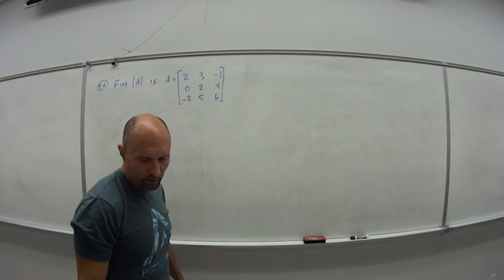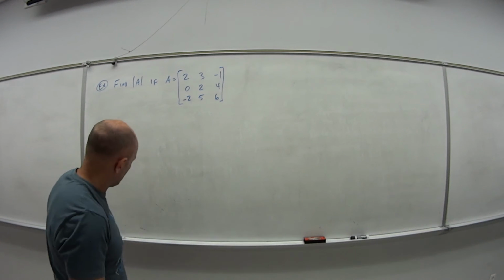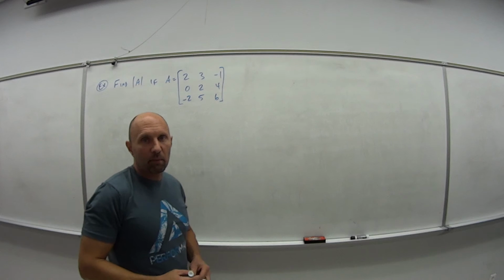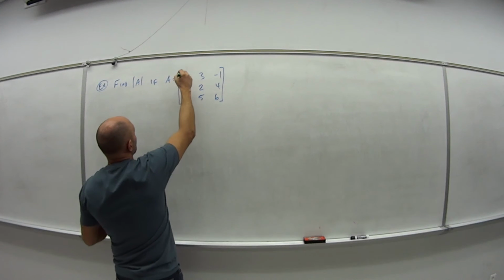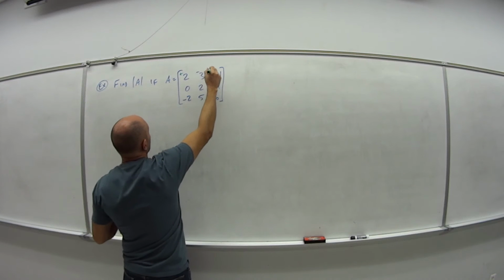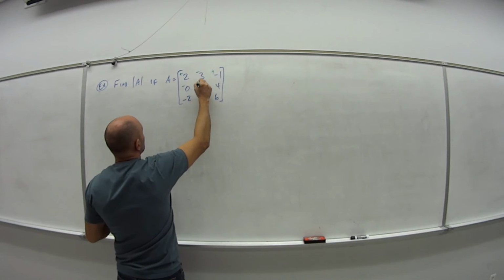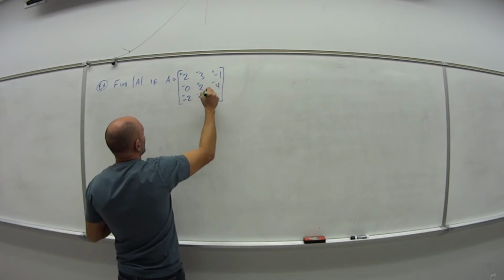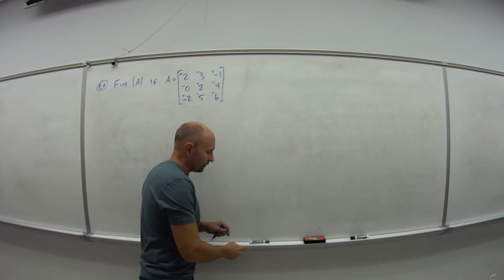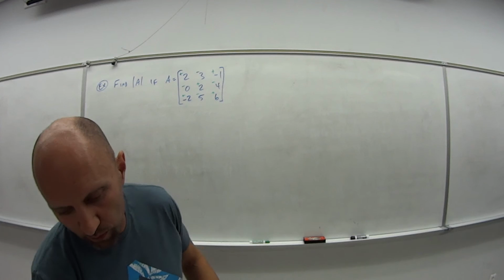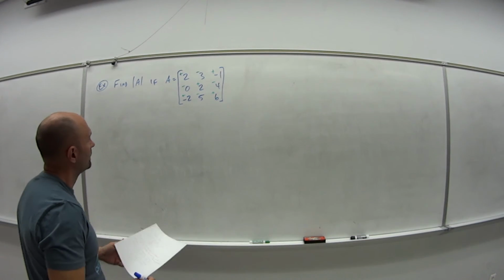So, a couple things I like to do here. Remember back to that plus minus matrix. We always start with plus and then minus, plus, minus, plus, minus, plus, minus, plus. That's essentially how the pluses and minuses would work for this 3 by 3 matrix.